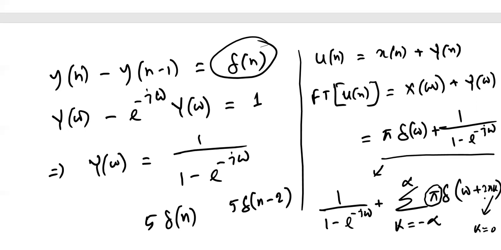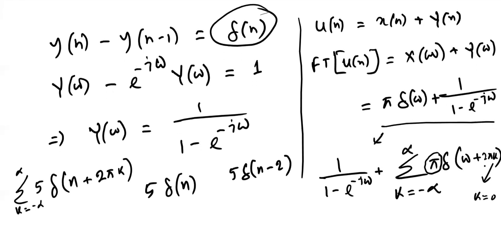But if I write delta[n plus 2 pi k] and make a summation, summation means you can add those numbers together, for k from minus infinity to plus infinity with constant 5, that means you have a sequence, let me draw it here.